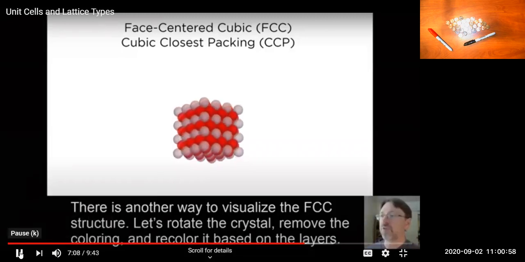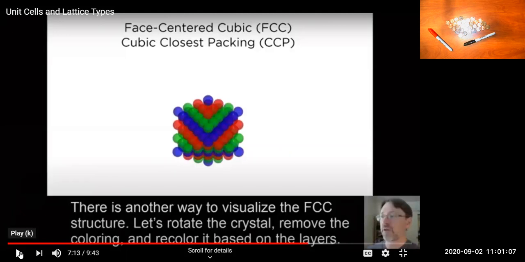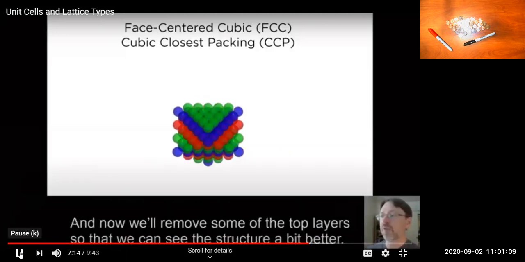We're going to rotate it up this way, and recolor it so that we can see the layers. Looking at this unit cell on its body diagonal, we can see that we end up with layers that look exactly like what we were just describing with the ABC arrangement.